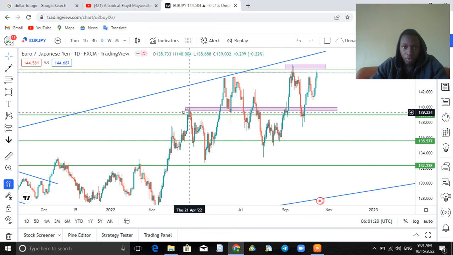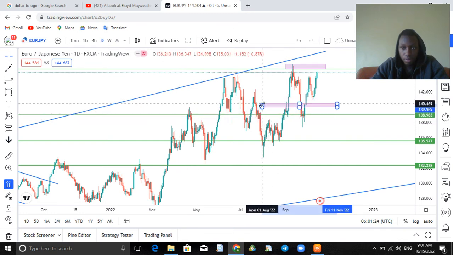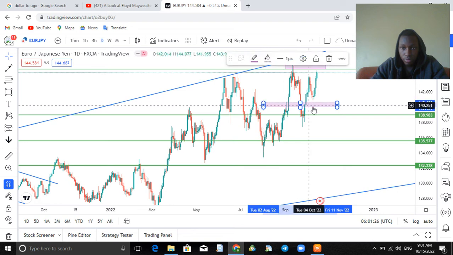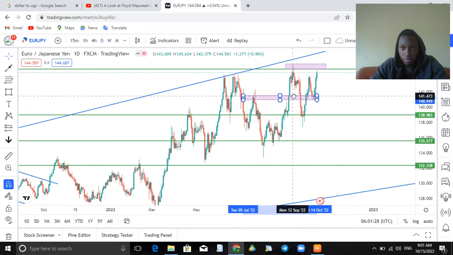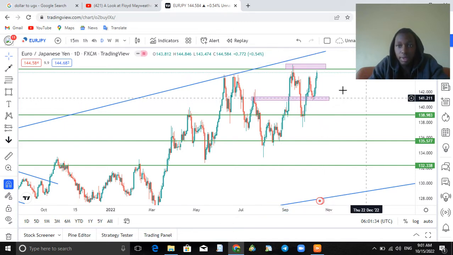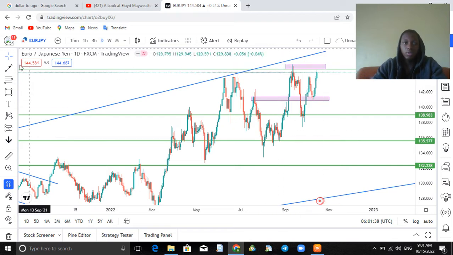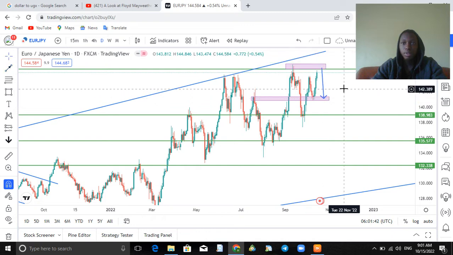So before you consider this, there's also this level. On this support level, it will help us determine that if you have entered a sell from this level, your next target profit will be on this support level.